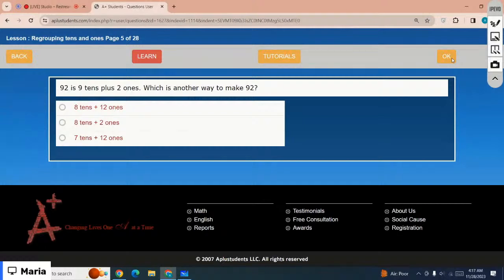That is 8 tens and 12 ones. Option number 1 is the correct option.